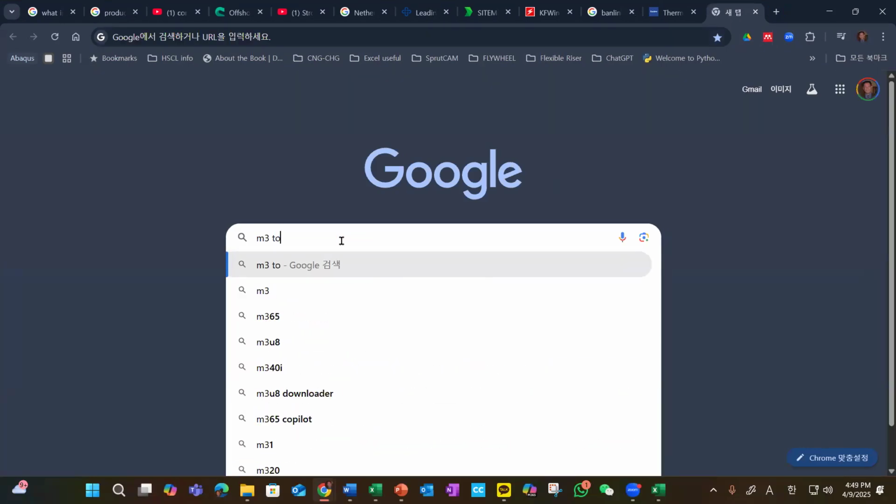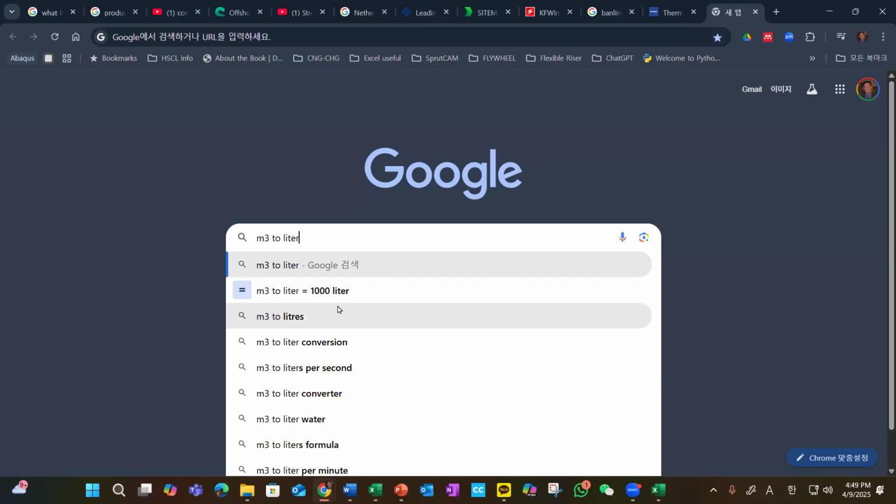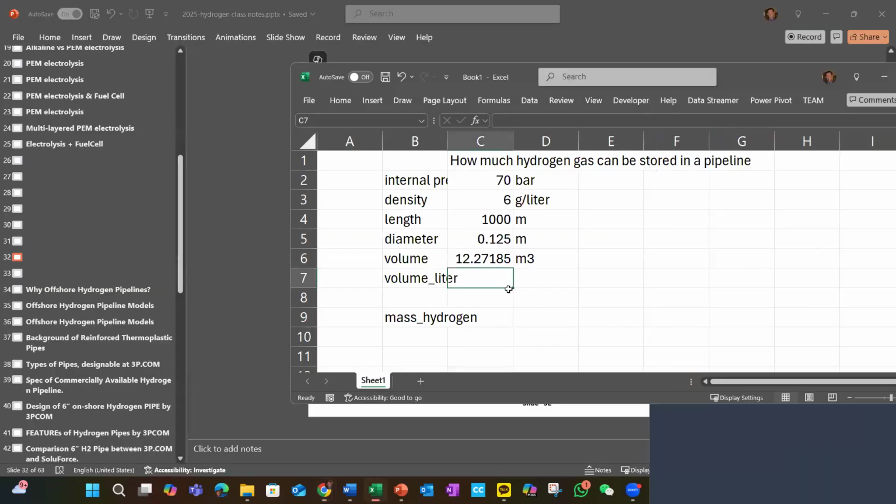Cubic meter to... oh yeah, simply 1,000 liter. So this is 1,000 times this volume. Okay, so this is the liter.